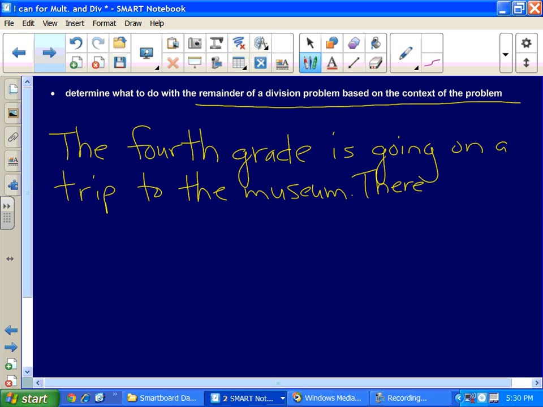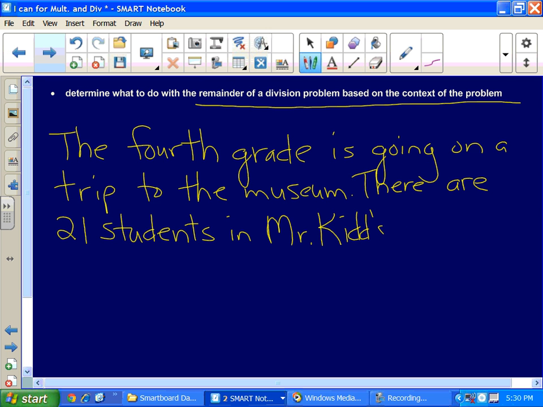There are 21 students in Mr. Kidd's and Mrs. Spellman's classes.